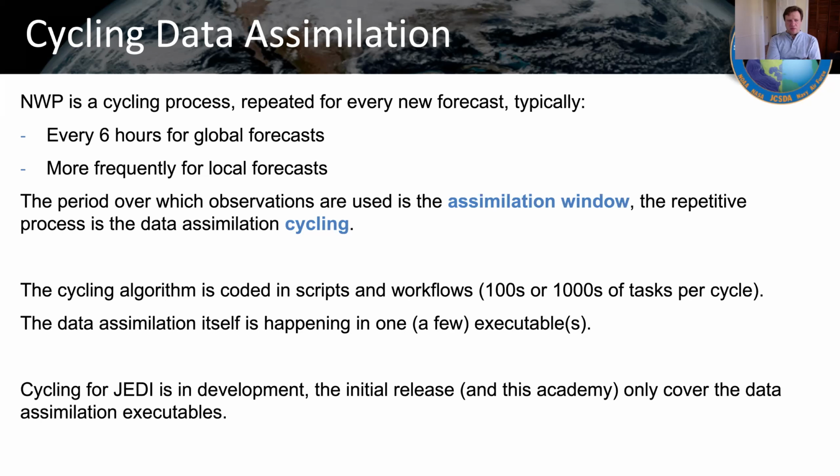But that's outside really of the data simulation executable, and that's why we are not covering it at this point in what we are showing this week. That will come in the future, but that probably needs another 6 months or a year before we can make that available.